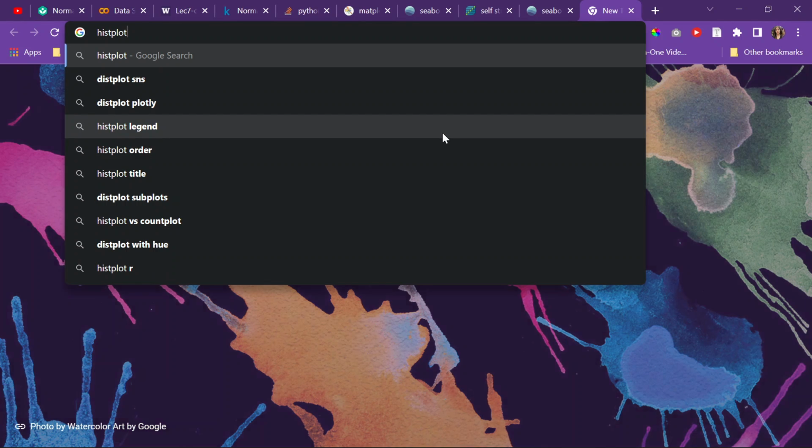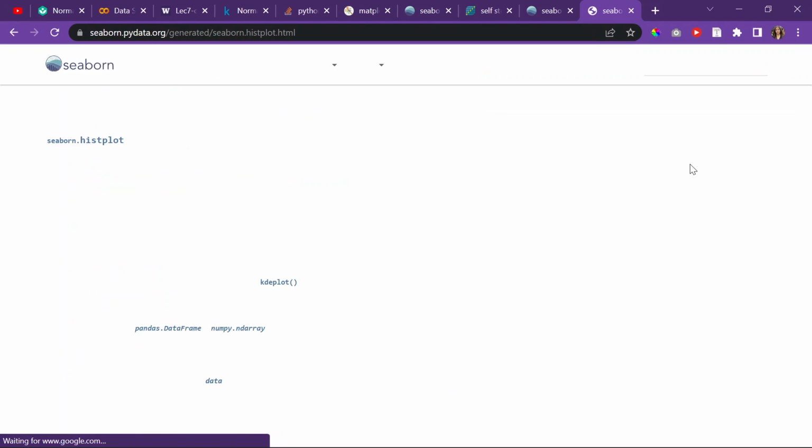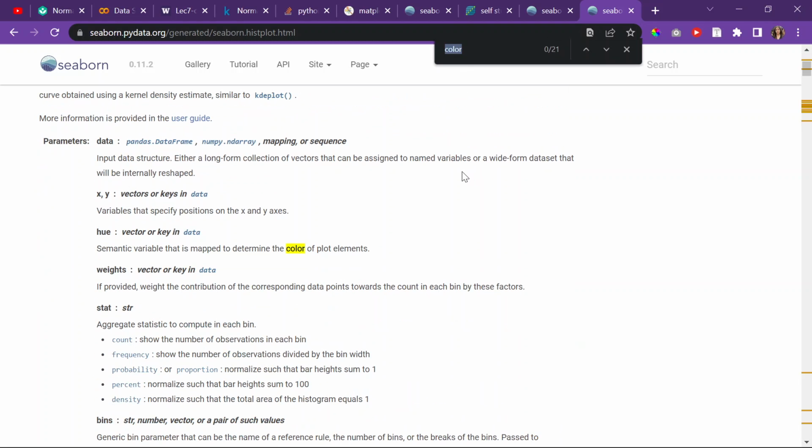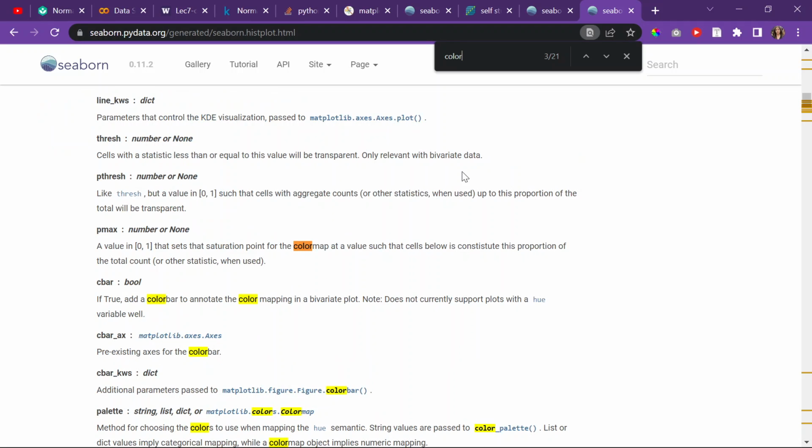Hist plot. KDE, KWS. Line KWS. Color. Axes for the color bar.